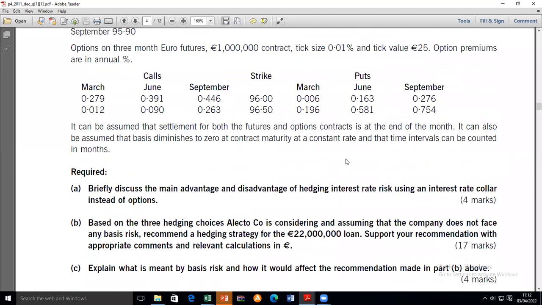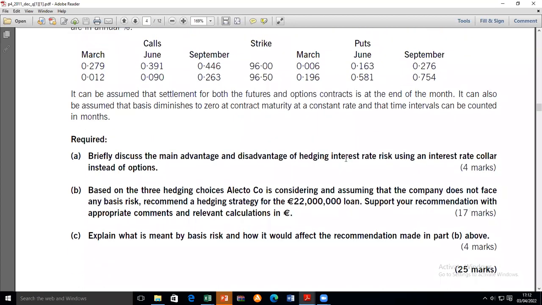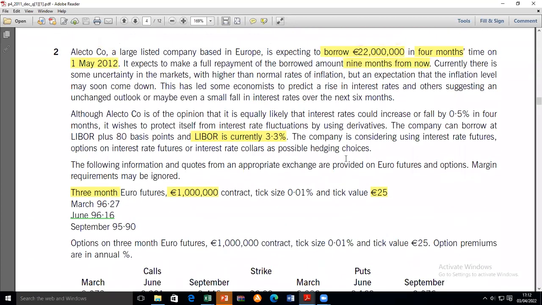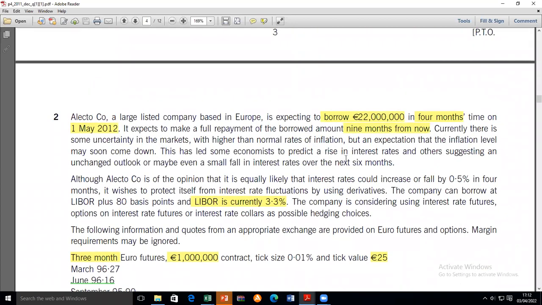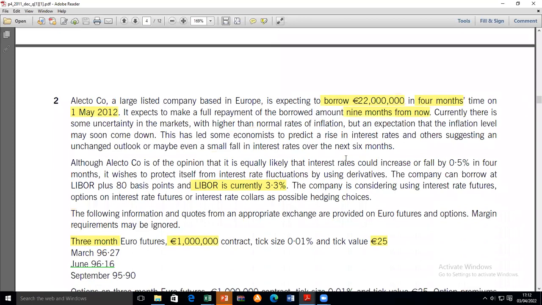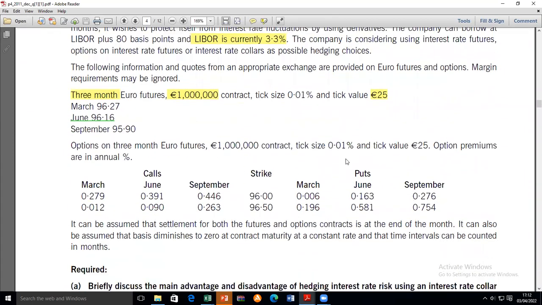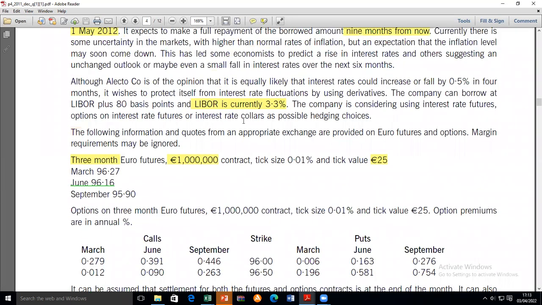Have we read through the question? We are going to do a summary, and then we are going to hedge the payment using interest rate futures and options. That is what we want to do on this particular question.